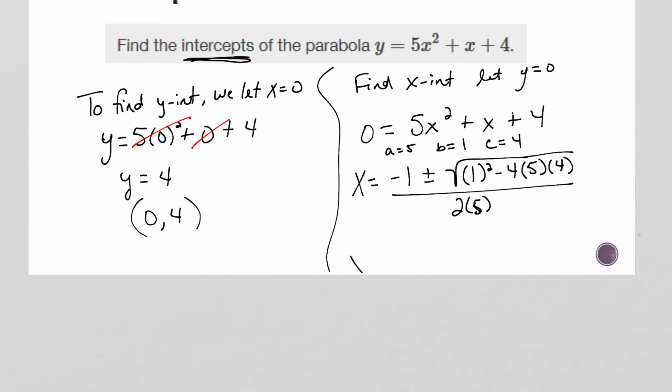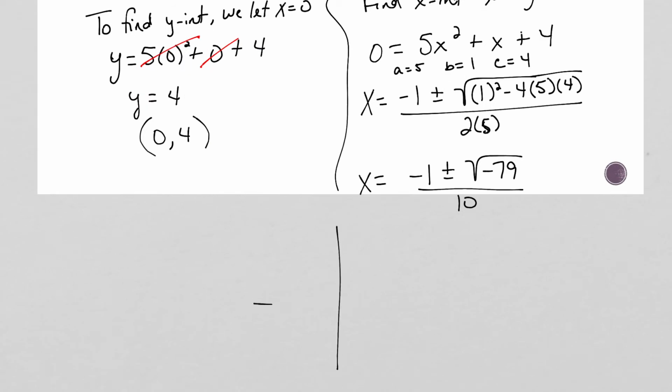Okay, so let's do some math here. x is equal to negative 1 plus or minus something over 10. On my calculator, I type in 1 squared minus 4 times 5 times 4, and I get negative 79. I can't take the square root of a negative number, so we must have one of those situations on the graph.